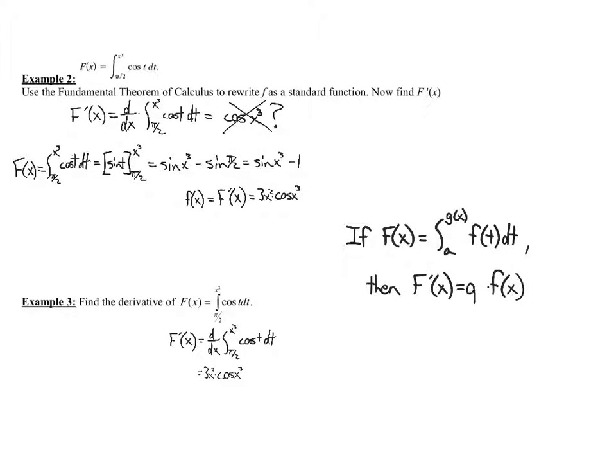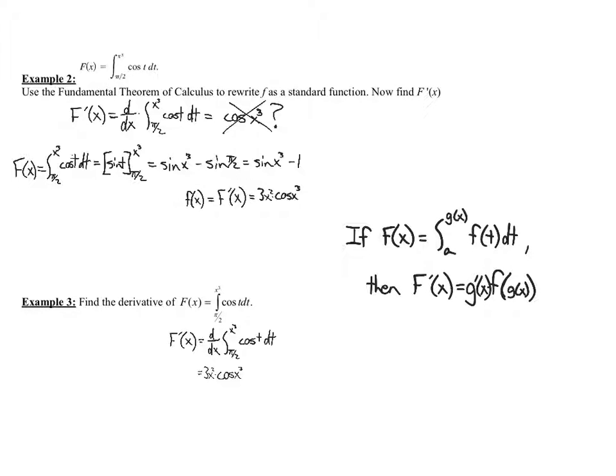Derivative. That's right, the derivative, g prime of x. Okay? And actually, it wouldn't be f of x, it would be f of g of x. Okay? So you plug this in instead of the t, and then you multiply by the derivative of it.